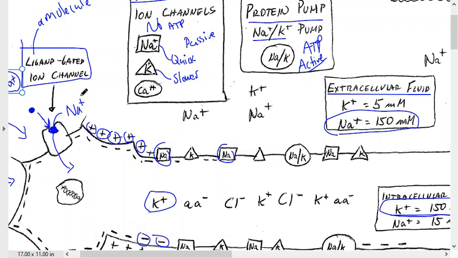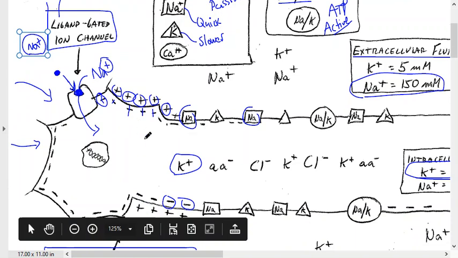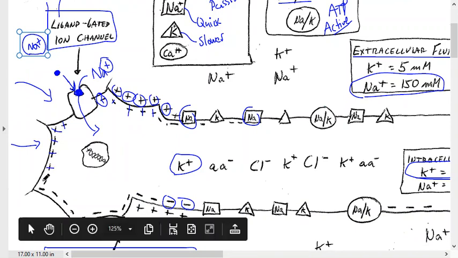And because sodium is positively charged, that's going to cause the inside of the cell to start becoming positively charged as well. And this is where the signal starts to originate from. All of these negative charges, you can start drawing positive charges on them. This area of the cell becomes positively charged, right?